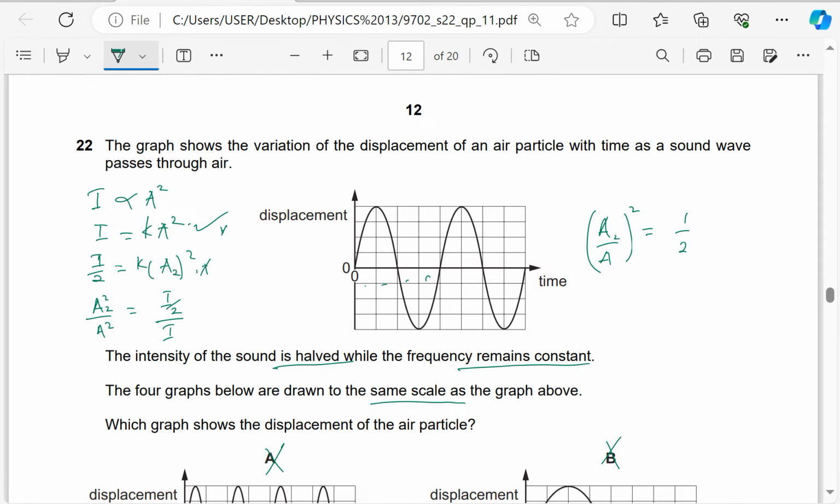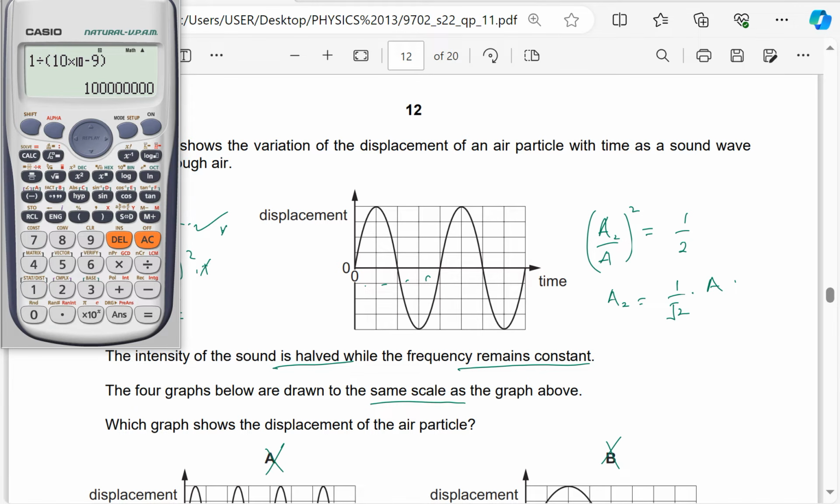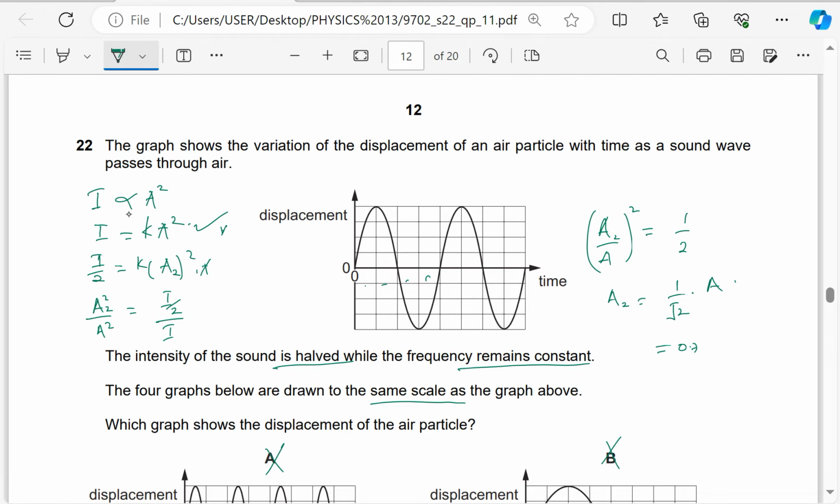Then I find the square root. So a2 is going to be 1 over root of 2, then times a. 1 over root of 2 times a is the new amplitude. Let me just check 1 divided by root 2. That is 0.707. So the new amplitude is 0.707 of the old amplitude. The first amplitude was 1, 2, 3, 4 boxes, so I'll multiply this by 4.